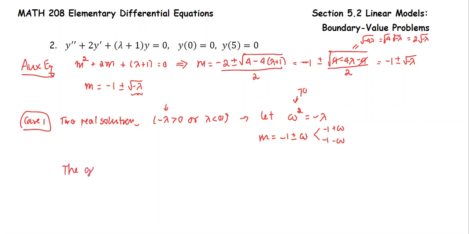Then the general solution is y equals c1 e to the negative 1 plus omega times x plus c2 e to the negative 1 minus omega times x.